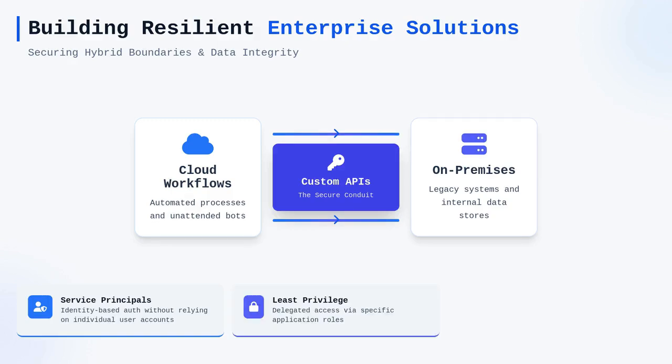By delegating access via specific application roles, we adhere to the principle of least privilege while ensuring our unattended bots remain functional even after personnel changes. It is essential to treat these credentials as first-class citizens within your deployment, storing them in dedicated key vaults rather than hard-coding them within your flow definitions.